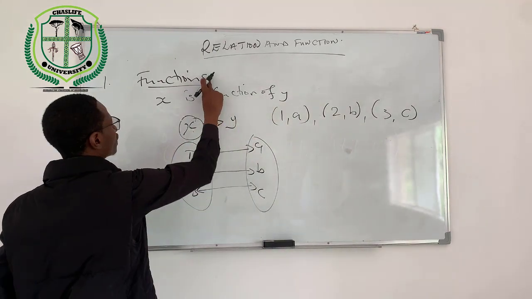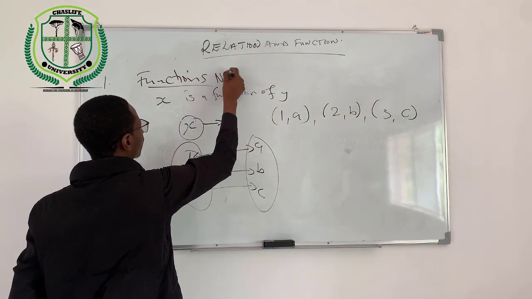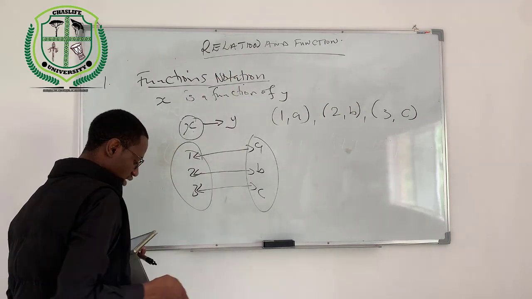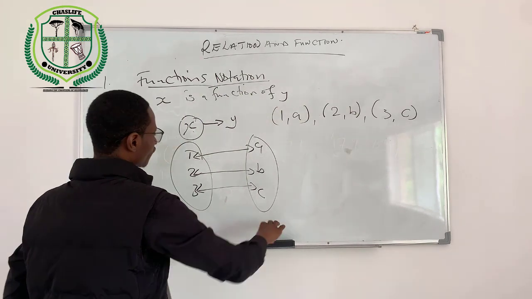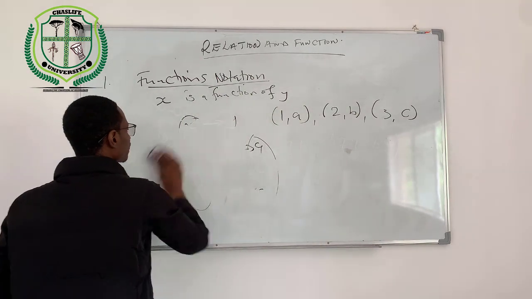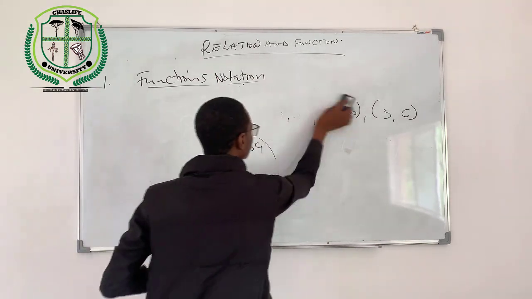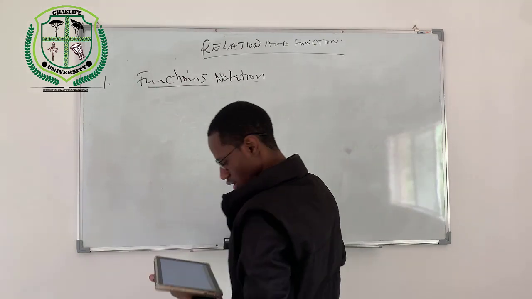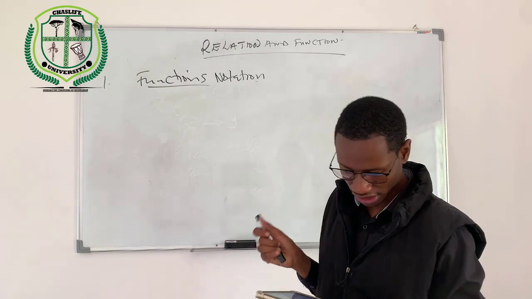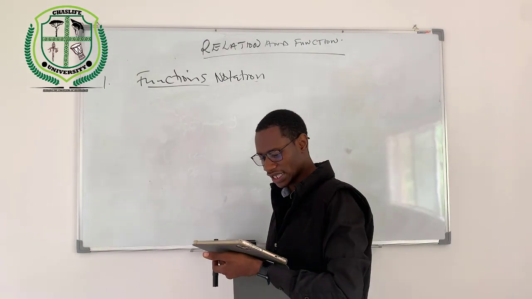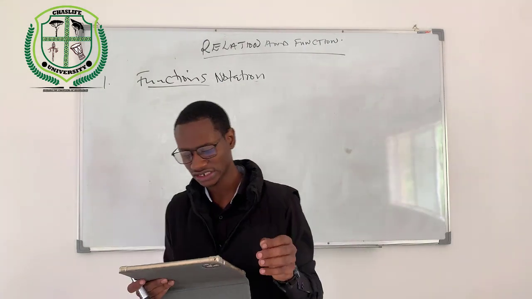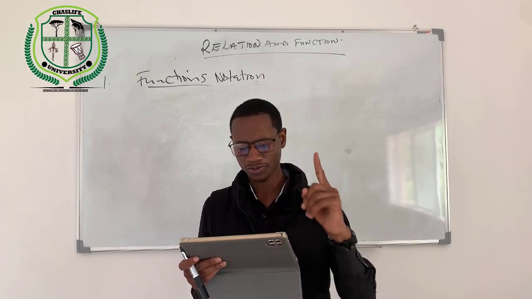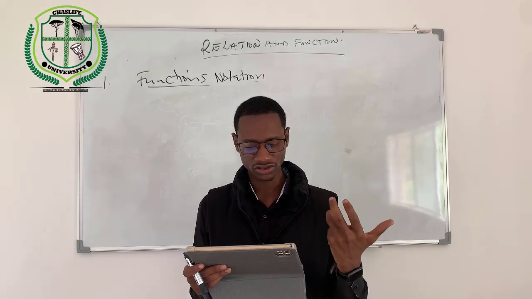Function notation. What are we saying? This relationship in mathematics, this function relationship: a function is a relation with the added restriction that each value in the domain must have only one corresponding y value in the range. Okay?